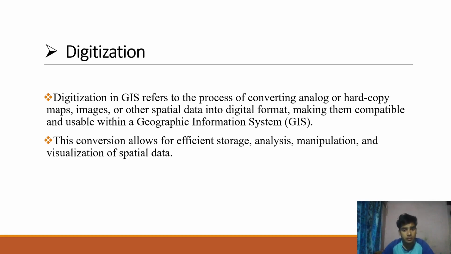Digitization in GIS refers to the process of converting analog or hard copy maps, images, or other spatial data into digital format, making them compatible and usable within a geographic information system. This conversion allows for efficient storage, analysis, manipulation, and visualization of the spatial data. This is the concept of digitization.